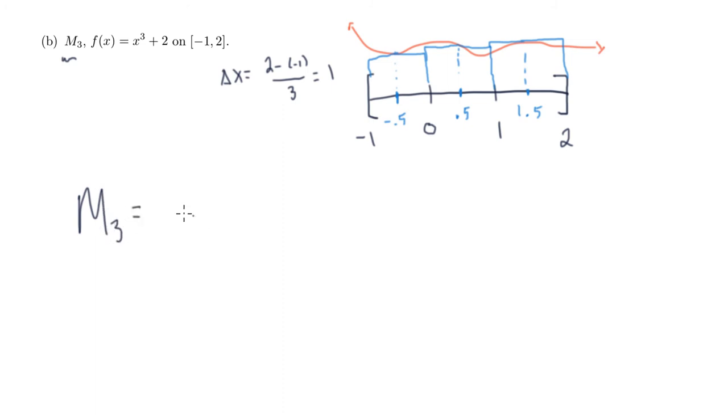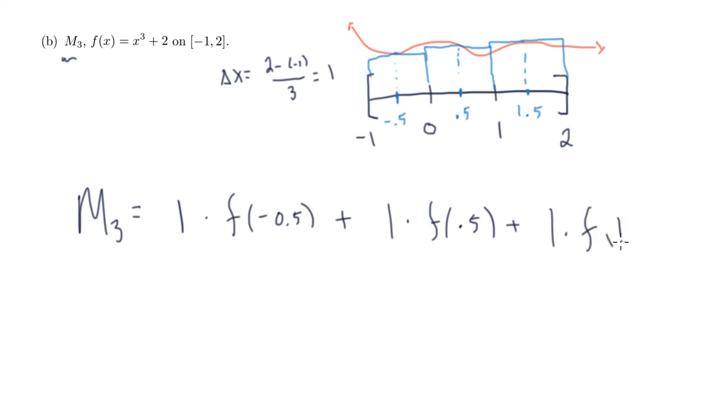M3 will just be 1, so base times the height will be f of -0.5. The area of the second rectangle will be the base, which is also 1, times the height, which is the function evaluated at 0.5, this midpoint. And then the area of the last rectangle will be the base, which is 1, times f evaluated at 1.5. Okay, the midpoint of this subinterval.